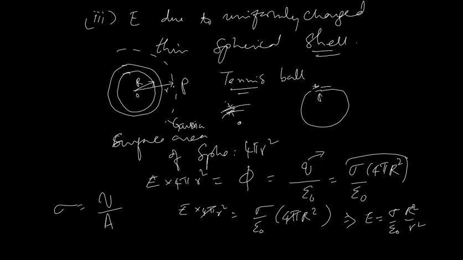Okay, so this is how you will get E is equal to either this or replace sigma with your normal. Sigma is equal to q by 4 pi r square. All that 4 pi gets cancelled, and therefore you will get as given in the textbook. So E is equal to sigma by epsilon naught into capital R square by small r square.